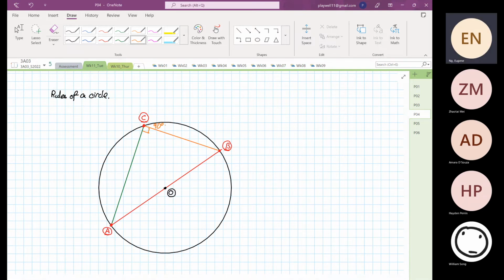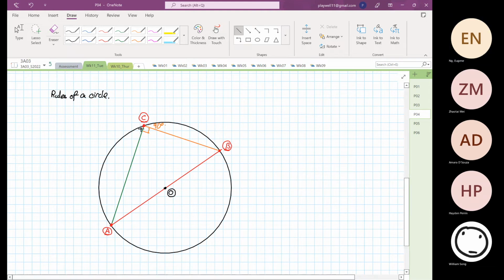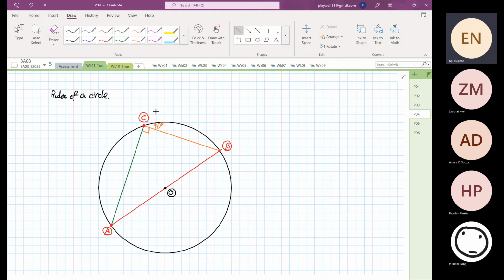So that's one rule of the circle. You pick a point A, go through point O to meet point B at the circumference. At point C, you join A to C and C to B, and the angle is 90 degrees. That's rule 1 of the circle.